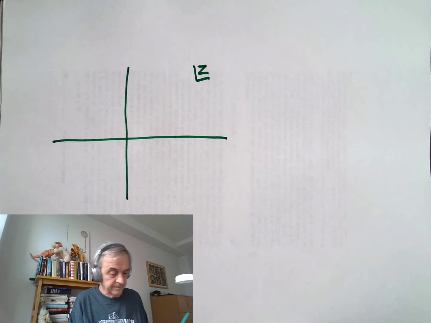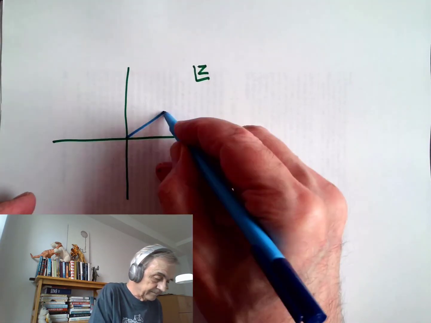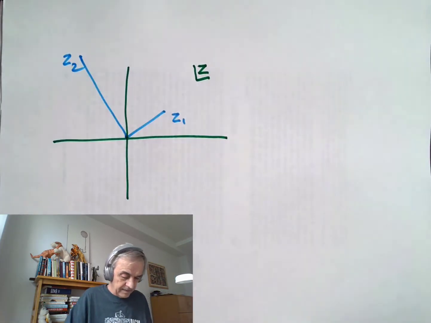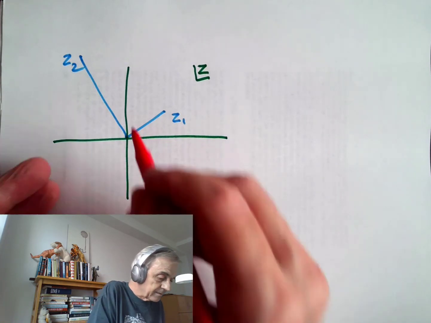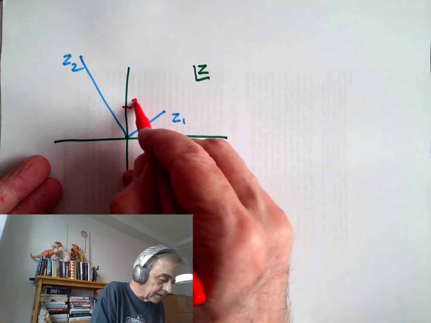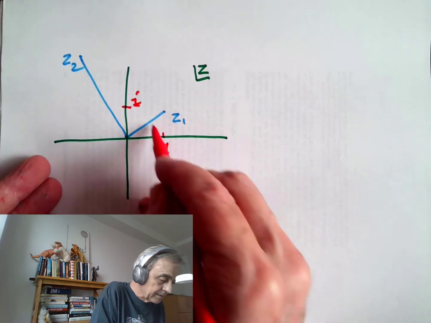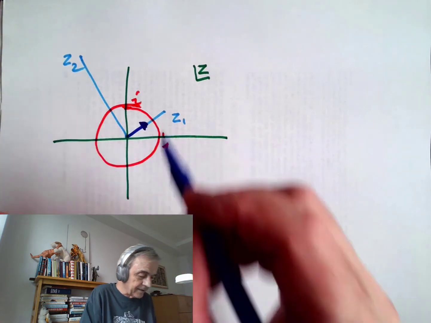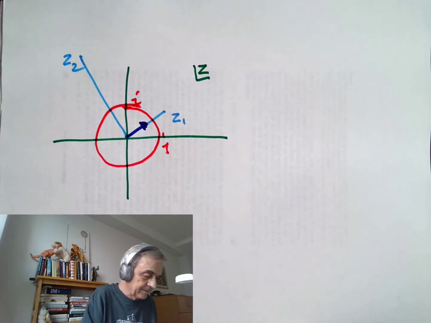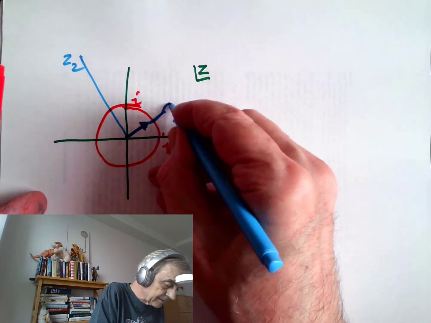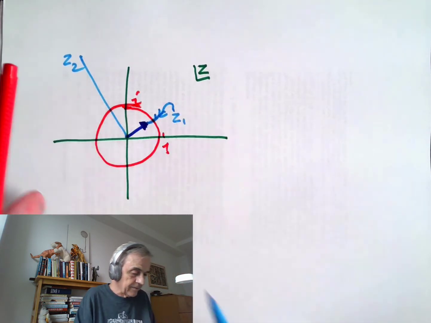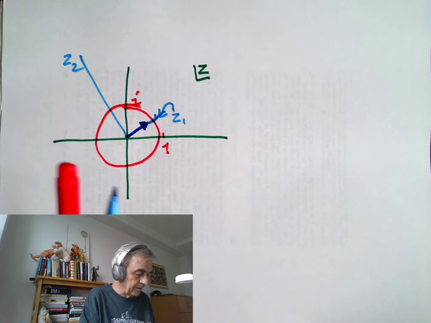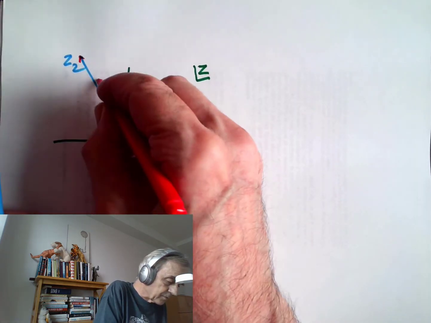So on the left hand side we have a z-plane, and we have z1, and let's draw a unit circle here. This is 1, r, 1, so I draw the circle. I want this to be inside the circle. So what I mean is that z1 has modulus smaller than 1, and z2 has modulus larger than 1.